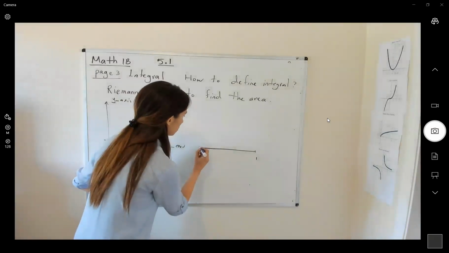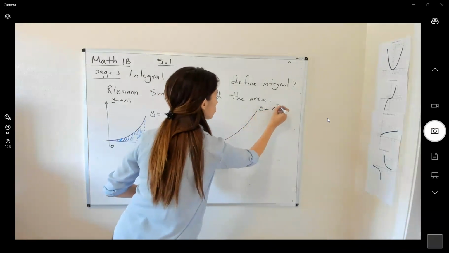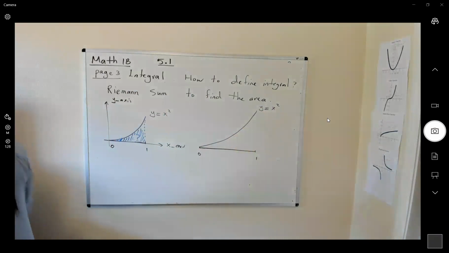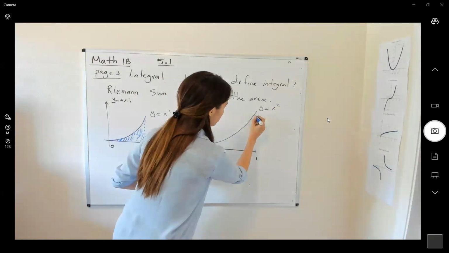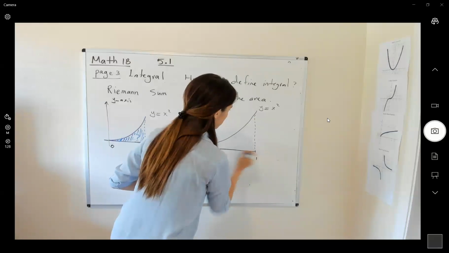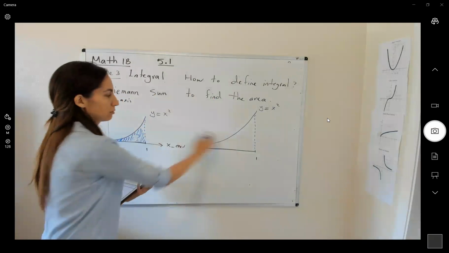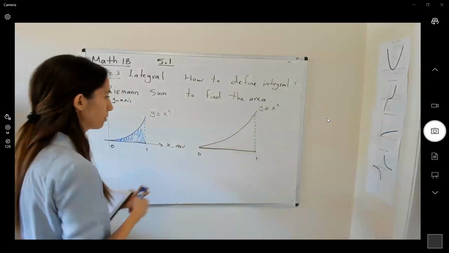Okay, this is my graph, y equals x squared, so this is my y. And this is my shaded region, which is this guy here, and I want to find the area.